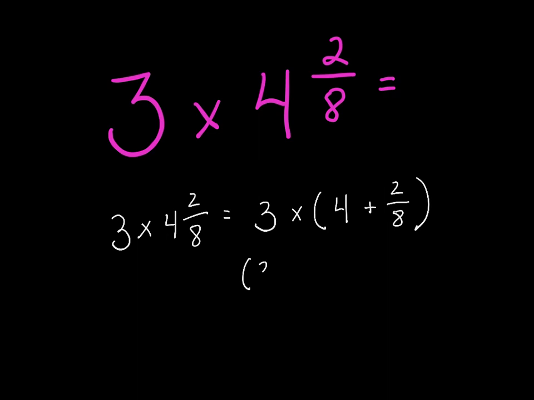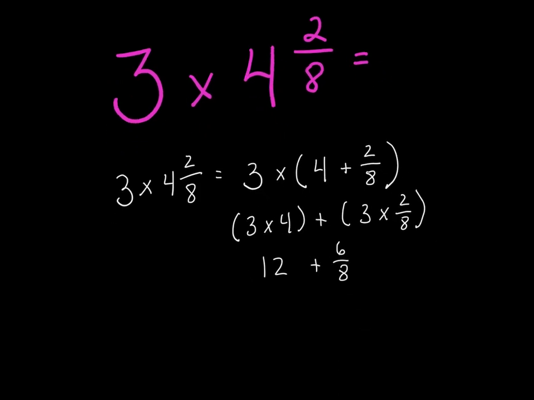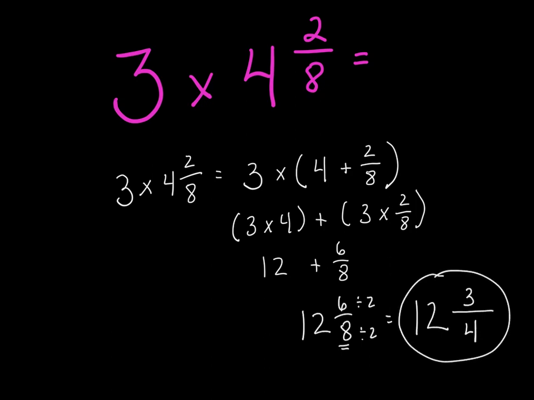So, first one, 3 times 4 plus 3 times 2/8. 3 times 4 is 12. 3 times 2/8 is 6/8. Now, if we add them up, we get 12 and 6/8. But looking at 6/8, we can make that into simplest form by dividing the top and the bottom by 2. Bring over your whole. And the numerator is a 3, and the denominator is a 4. 12 and 3/4 is your new mixed number.